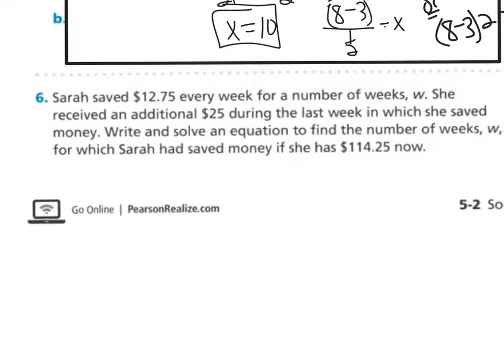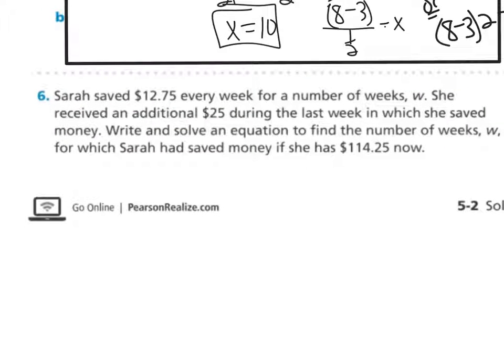Look at number 6. Sarah saved $12.75 every week for a number of weeks W, and she received an additional $25 during the last week in which she saved money.